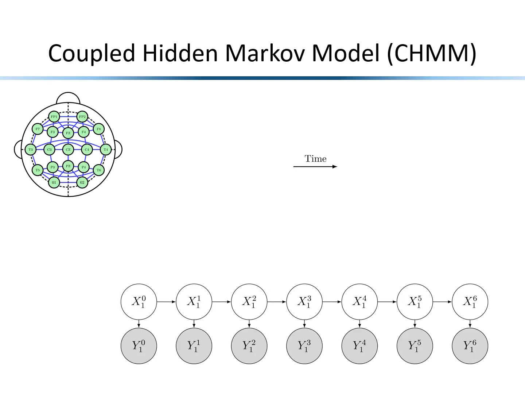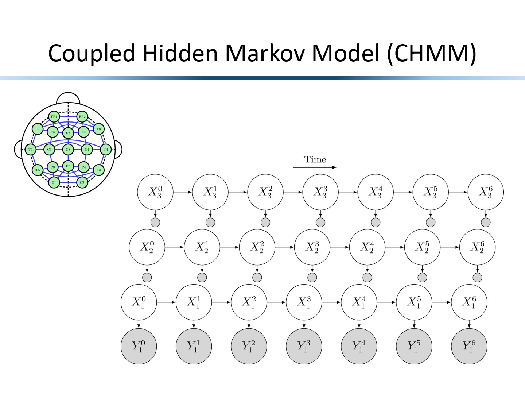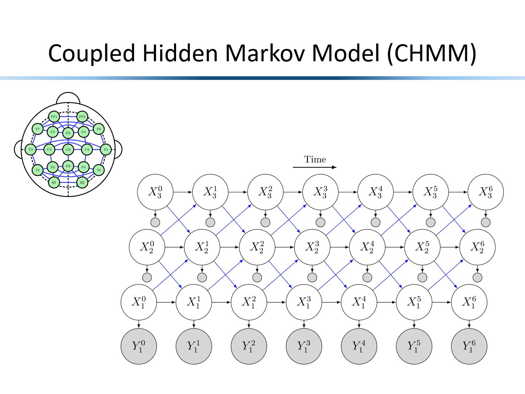In our case, every channel, every circle, can be represented as an HMM, and since there are many electrode channels in our montage, we essentially have a collection of HMMs, or chains. In addition, these blue graph lines between them couple these chains in what's known as a coupled hidden Markov model.